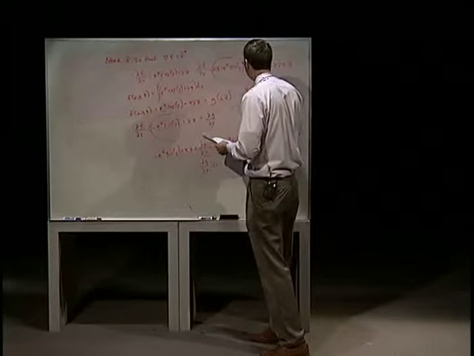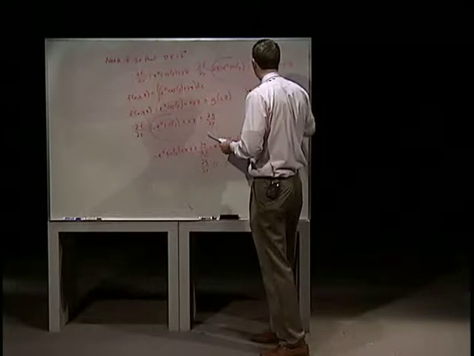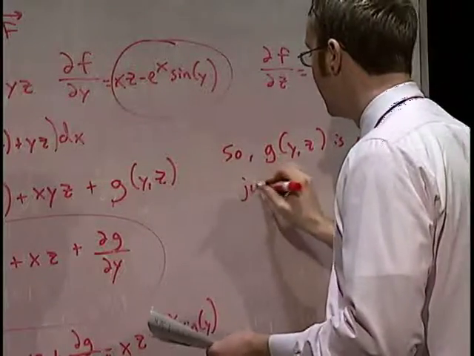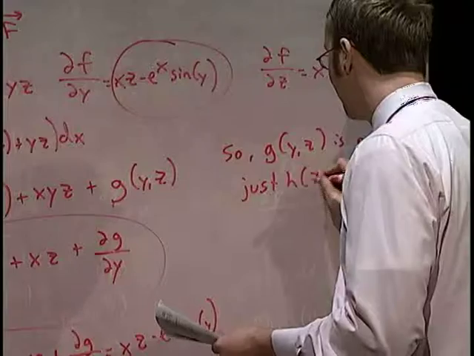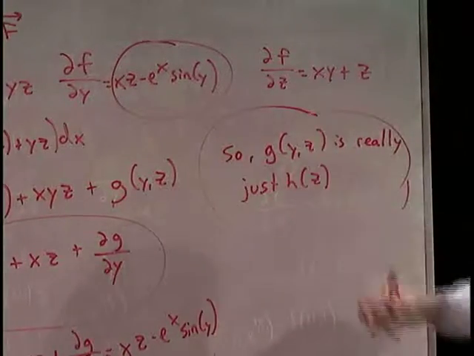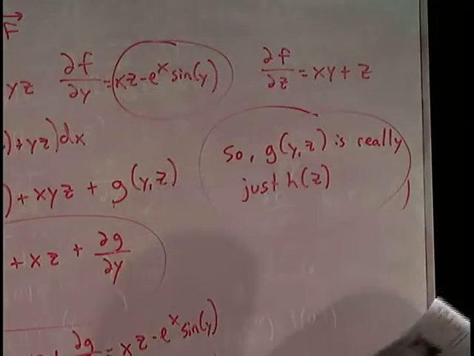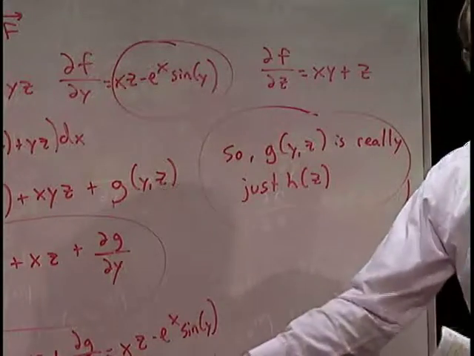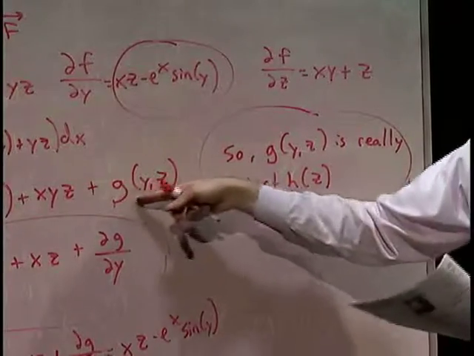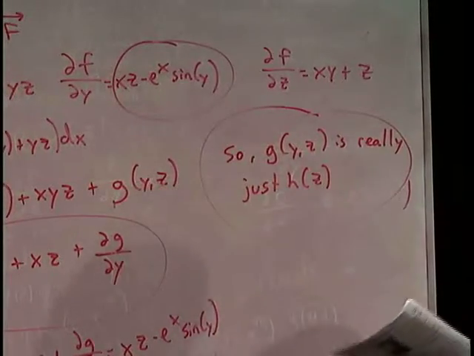So, in reality, g of yz is really just some function of z alone. This derivative being 0 implied that there's no y term in here. There's only z terms. Okay?